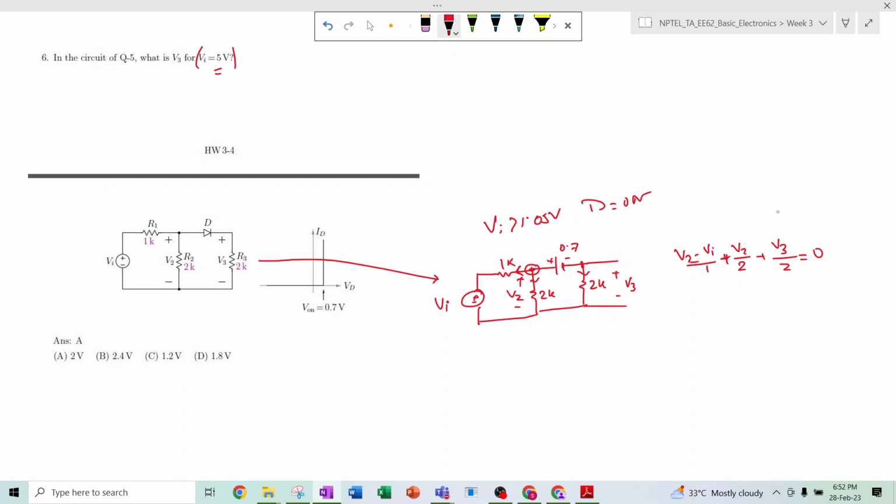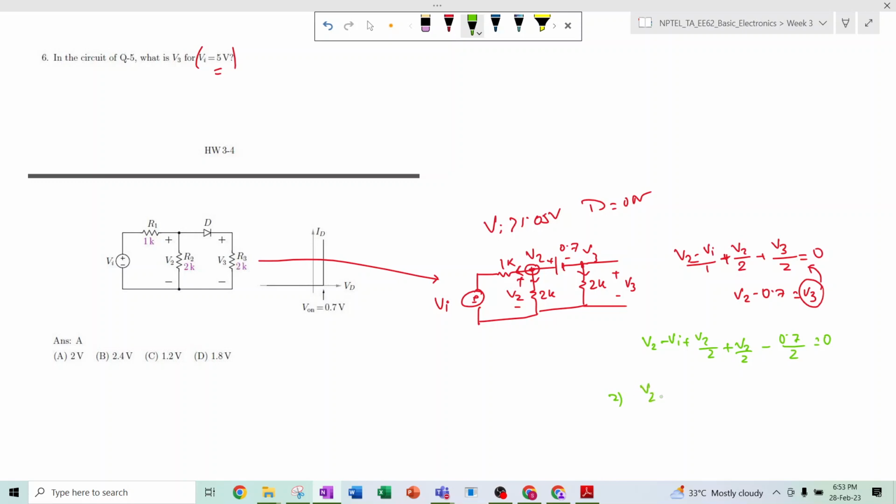And we have one more equation: we know that V2 minus 0.7 equals V3. So we replace the value of V3 in this equation and we get, V2 minus Vi plus V2 by 2 plus (V2 minus 0.7) by 2 equal to 0, right?